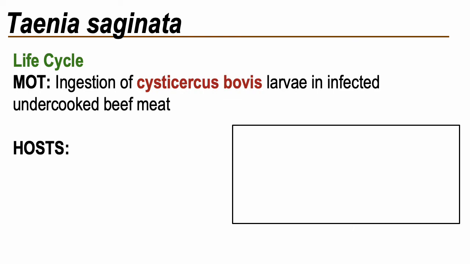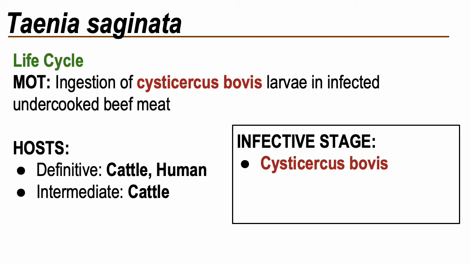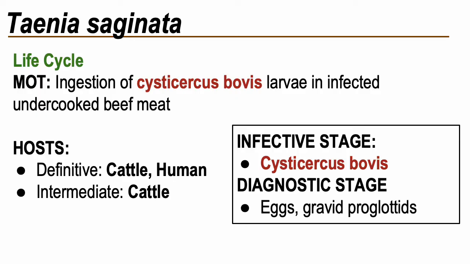The definitive hosts of this parasite are cattle and humans, while the intermediate hosts are only cattle, where larvae are encysted in the tissues of these intermediate hosts. Again, the infective stage is the Cysticercus bovis, and the diagnostic stage that can be seen in the stool would be eggs and gravid proglottids.